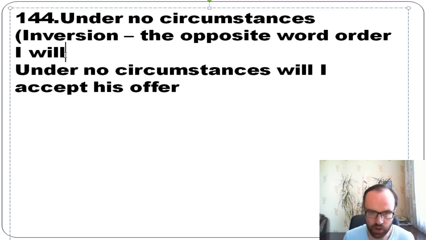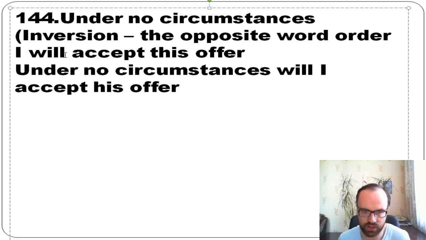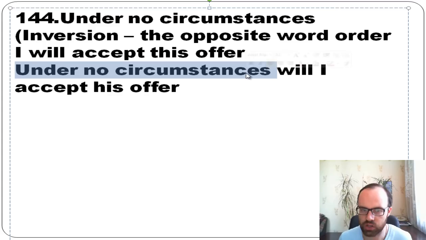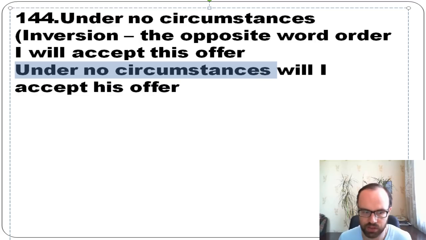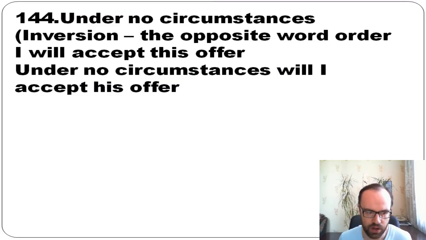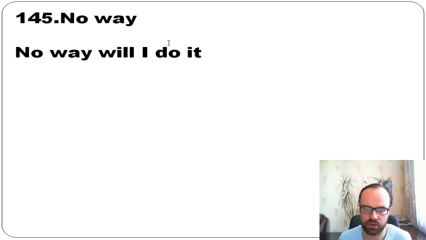So you can say, I will accept this offer if you want to accept it. If you don't want it, you say, under no circumstances, and then you change the word order. You put will before I. Under no circumstances will I accept his offer. Or you can also use no way will I do it. So it's a similar meaning.